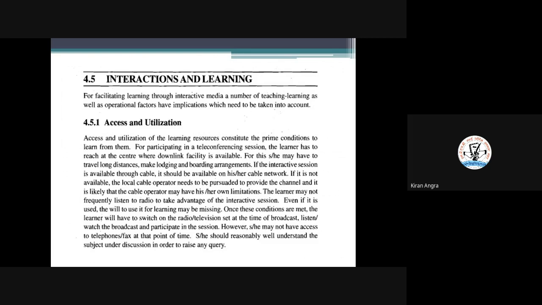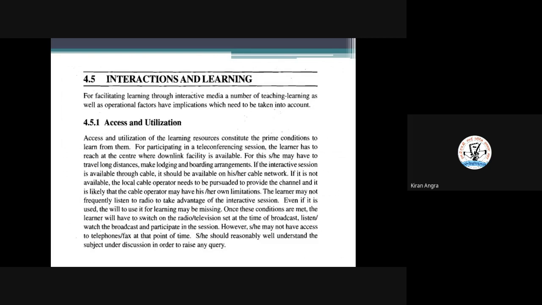If you reach there, you need boarding and lodging, and there can be a long distance. If you do not have to move out, then for interactive sessions you need a cable. The interactive sessions come through the cable, so they need a cable network.